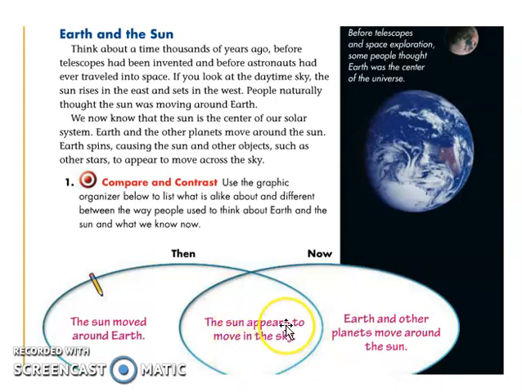The difference is that before, the earth was thought to be the center of the universe, but now, according to the proof and evidence, the sun is the center, not the earth. And their similarity is that both believe the sun appears to move in the sky.